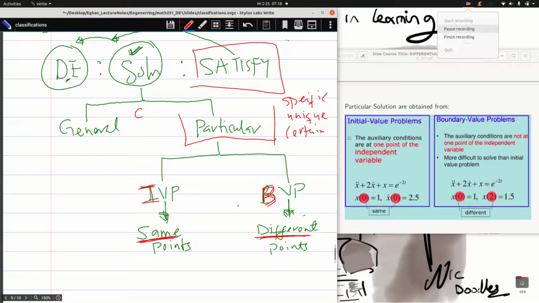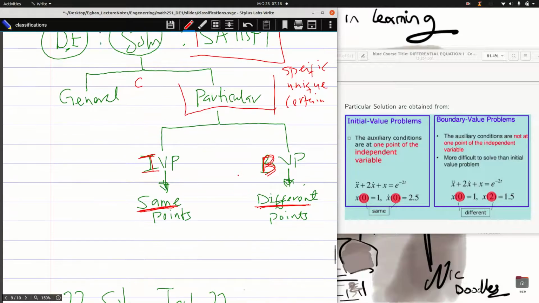As you can see from the table, some conditions are defined as x(0) equals something, and then x'(0) equals something. The points are 0 and 0, so they are the same. But if I come here, I have x(0) equals something, and then I have x(2).